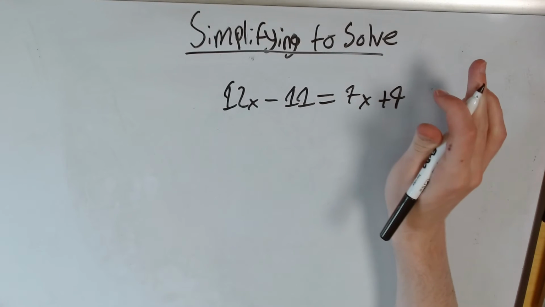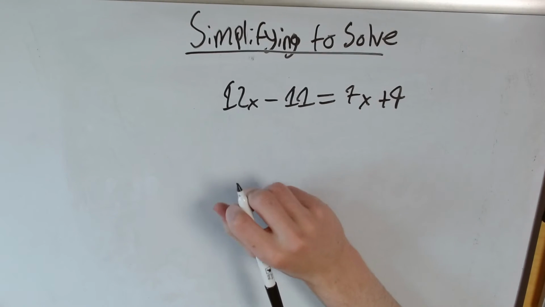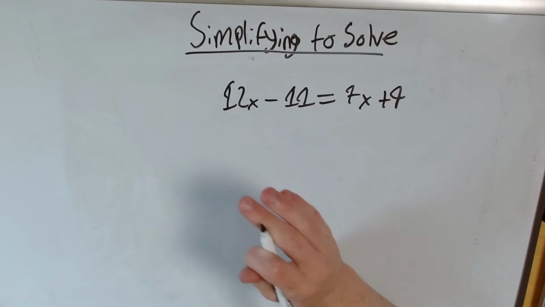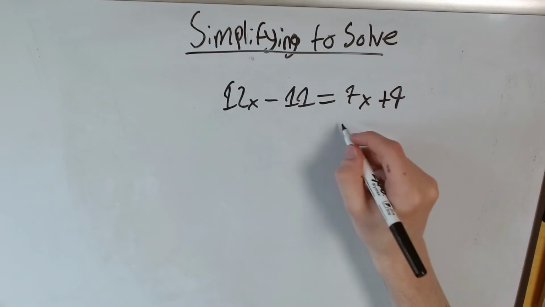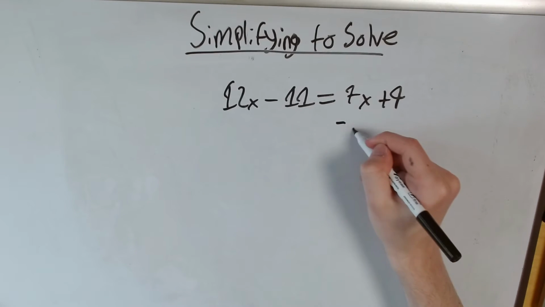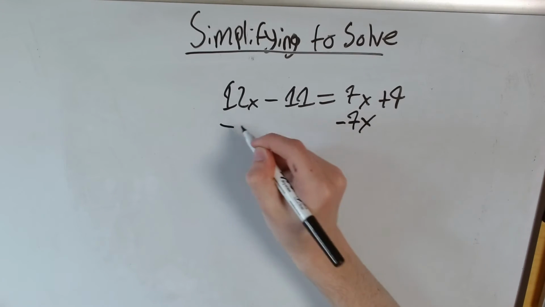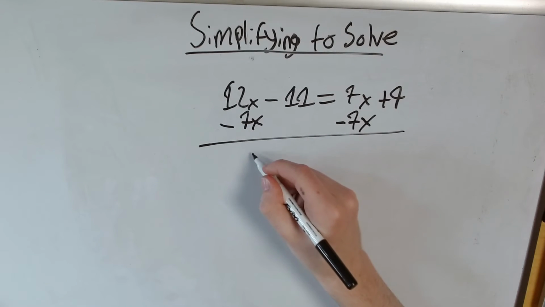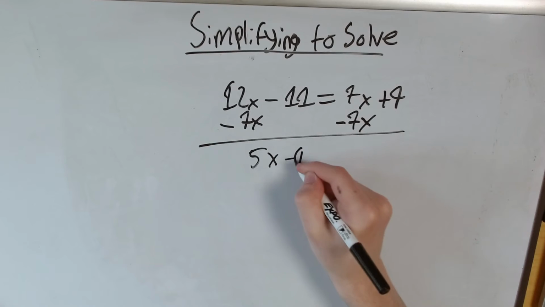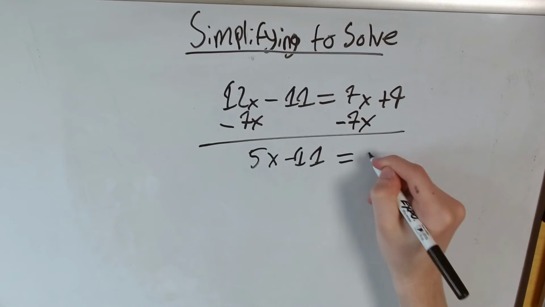The first thing we're going to want to do is move the x's to one side. Doesn't matter which side, but I'm going to pick the left-hand side for this example. So to get rid of x's here, I'm going to subtract 7x. If you do the same thing on this side, I'm left with 5x minus 11 equals 9.